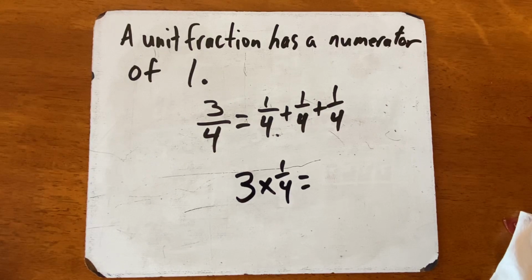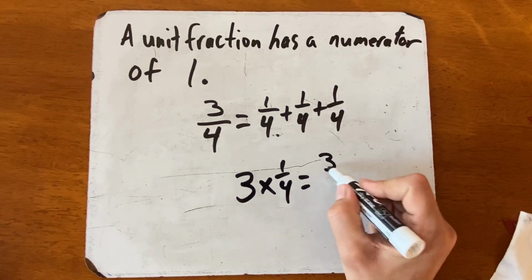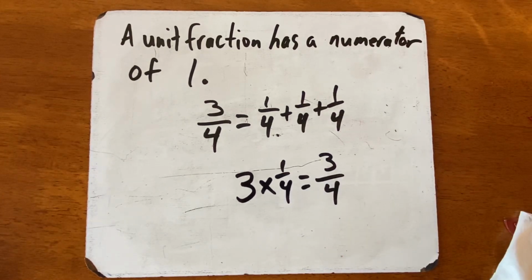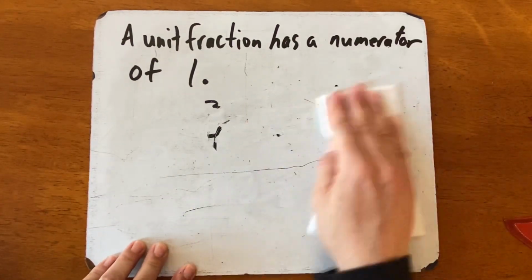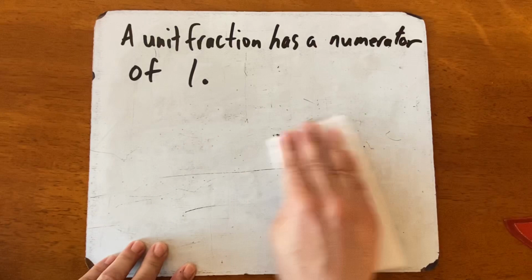Remember, we're only going to multiply the numerator. So what's 3 times 1? 3. Denominator stays the same, 3/4. Okay? That's pretty much it. And they're going to throw that at you in a couple of different ways. So let's look at some more problems. Do a few more here.